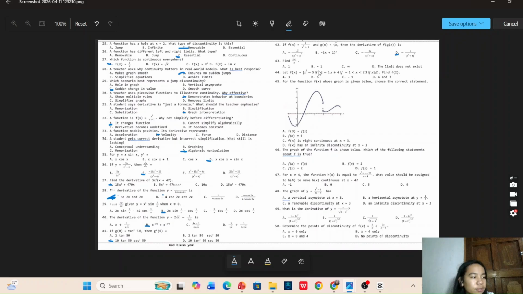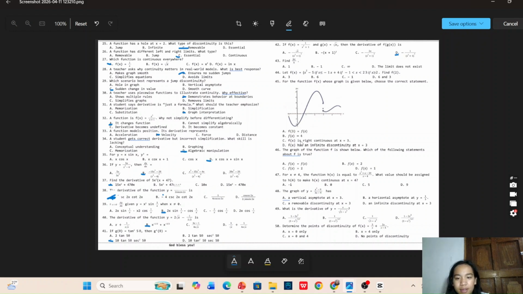Number 44 is letter C, that is negative 1. Let us find a function that satisfies f of 2, where x is greater than or equal to 2. I just can't clearly see what function this is, but the correct answer for number 44 is letter C, and that is negative 1. Number 45, for the function f of x whose graph is given below, show the correct answer.